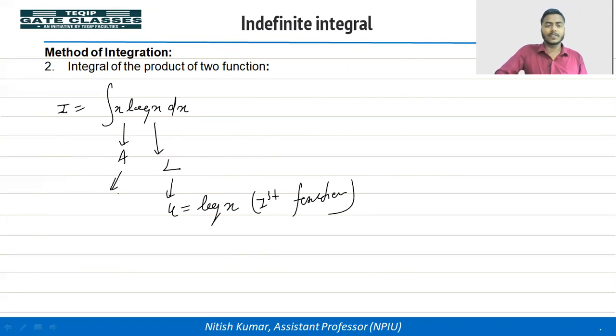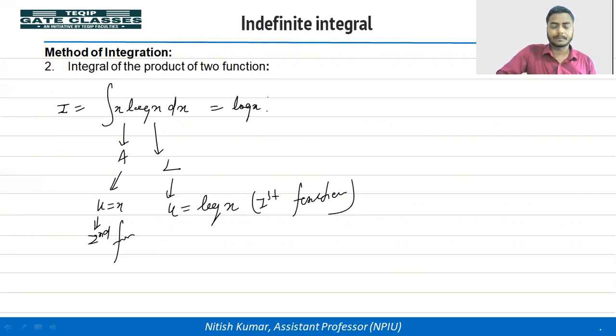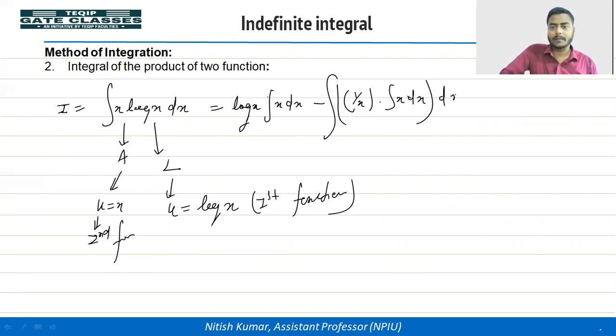Now the algebraic function, v is equal to x, that is the second function. We can write u into integration of v: log x into integration of x dx minus differentiation of the first function. The differentiation of log x is 1 by x, into integration of the second function x dx, and the integration of the whole with respect to x.